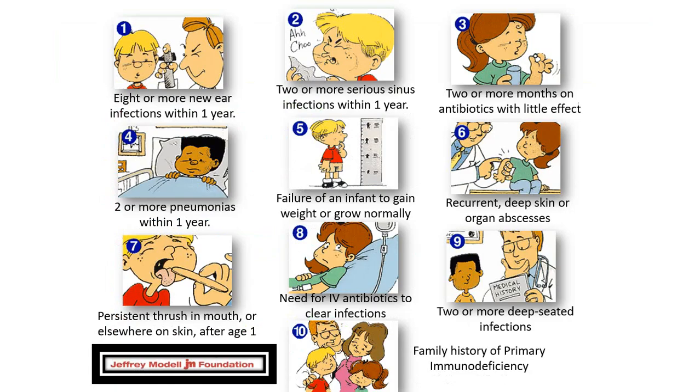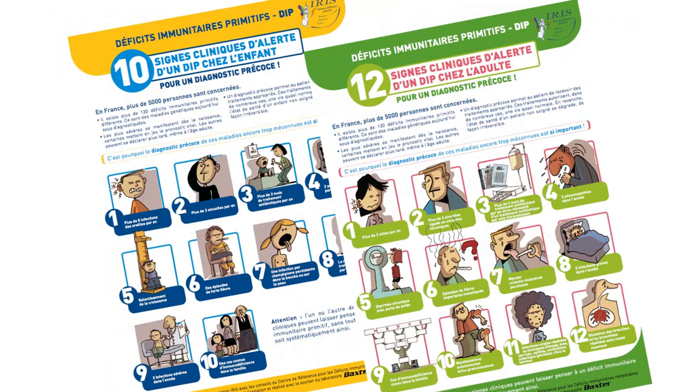These are the same 10 warning signs, but presented in a cartoon. There are also 10 warning signs for adult PID, because yes, there is an adult PID. You can diagnose primary immune deficiency for the first time in someone who is 20 years old, 30 years old, 70 years old, yes.